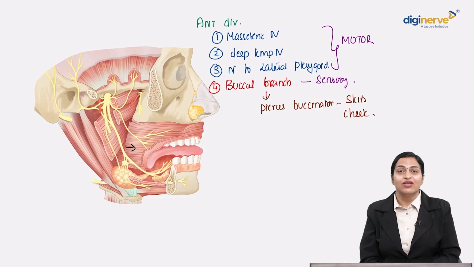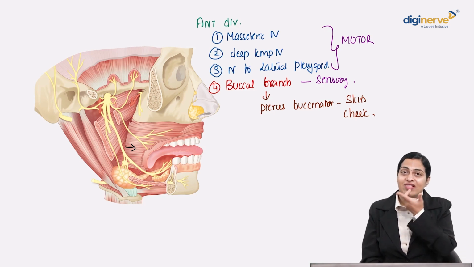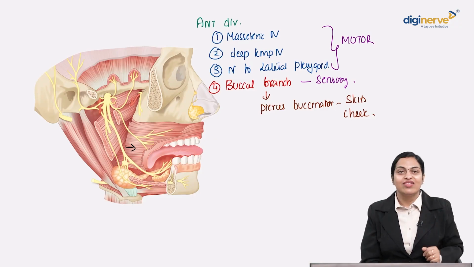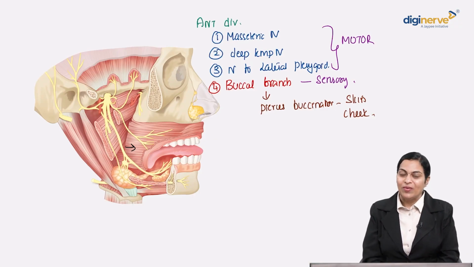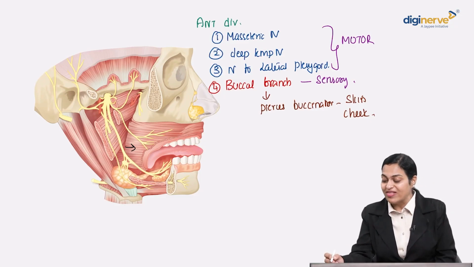So this is again a confusing point. It will pierce the buccinator but doesn't supply it because it's not a motor nerve. It supplies the overlying skin of the cheek. Understood? So four branches from the anterior division, three motor and one sensory.